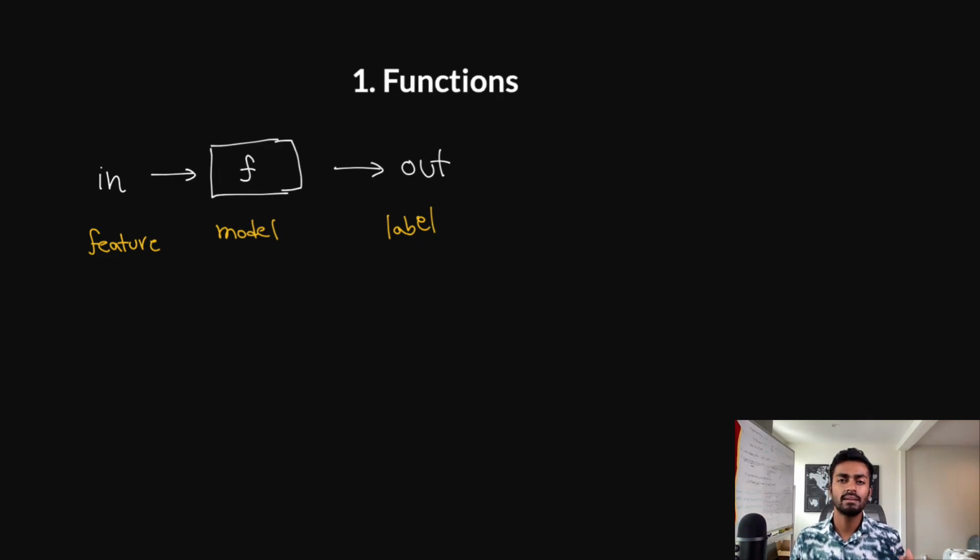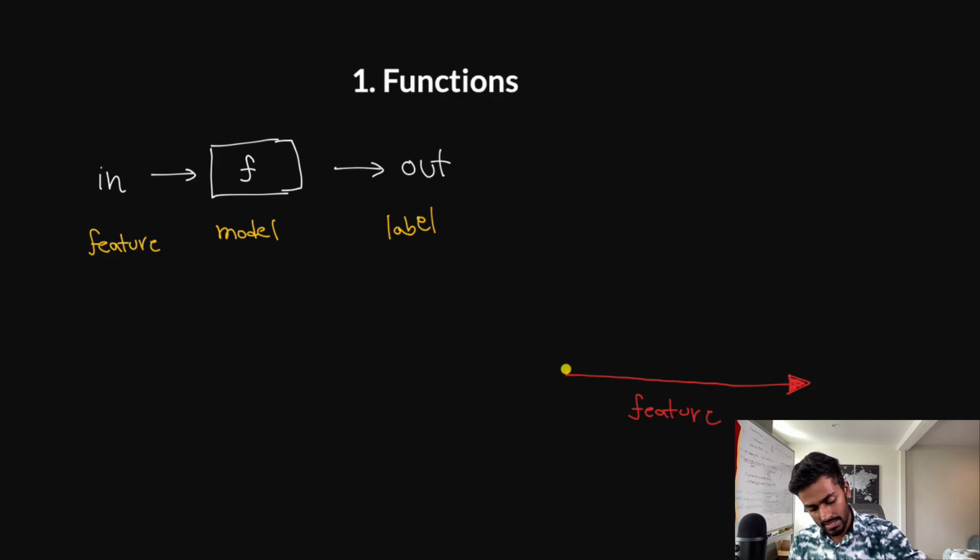A very nice thing about functions is that they also have a visual and graphical property, so you can see how they behave visually. So let's say this is the x-axis, which will be feature, and then the y-axis over here, which is going to be a label.